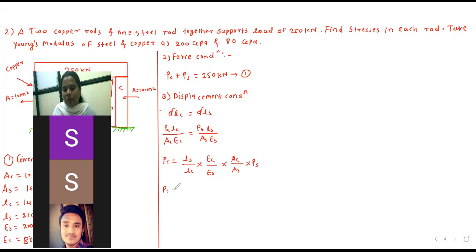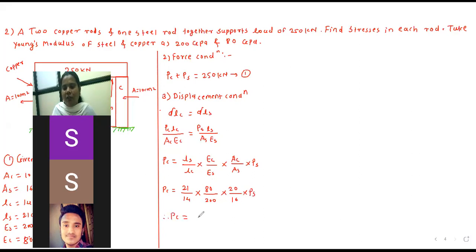We will put values: PC, that is load taken by copper rod, is equal to 21 divided by 14, into 80 divided by 200, into 20 divided by 16, into PS.